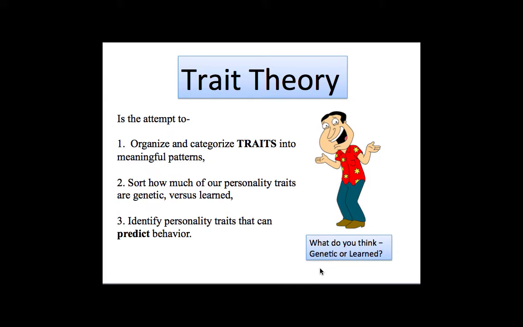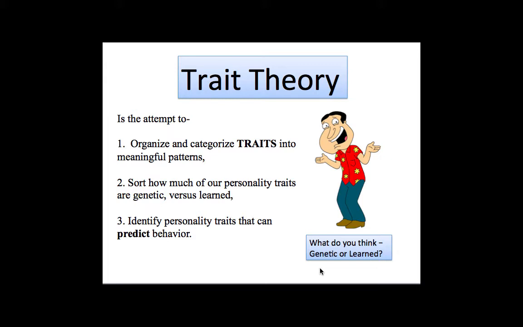How would we narrow them down? And if you narrow down all the different personality types and you just hone them into a small number of clusters, how would you sort and organize those? And that's what trait theory and typology is all about, trying to organize and categorize traits into meaningful patterns and clusters of human groups, of types.